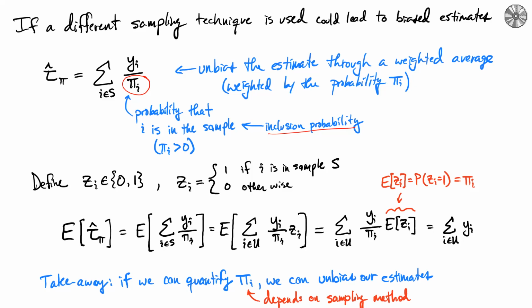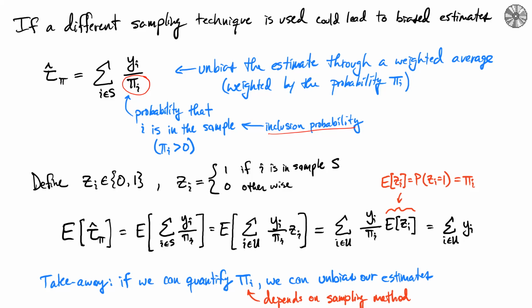It's the probability that the ith element is actually in the sample, and that is what we're going to use in order to unbias our sample.